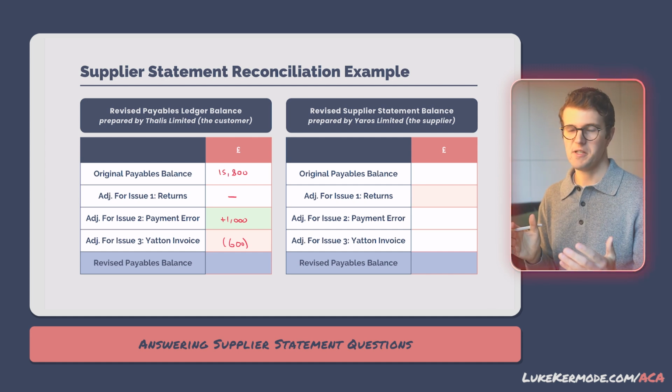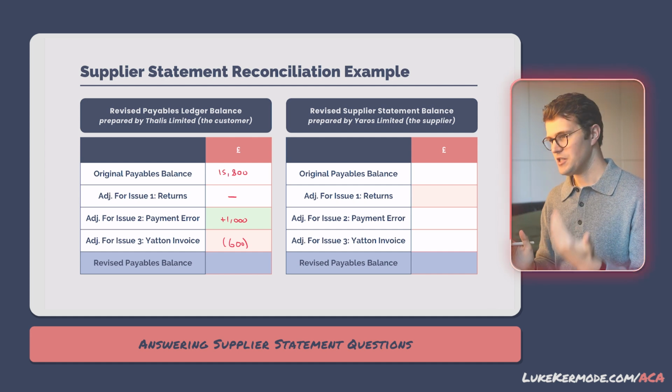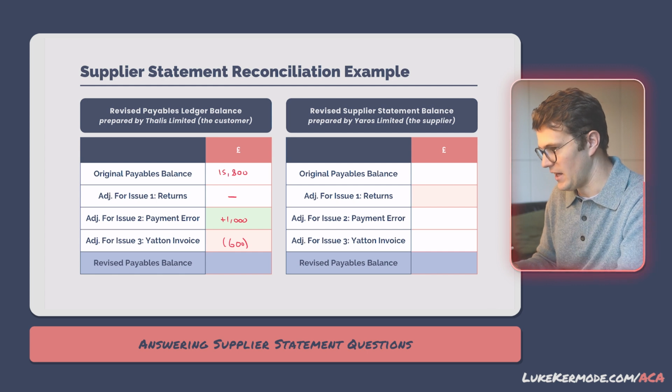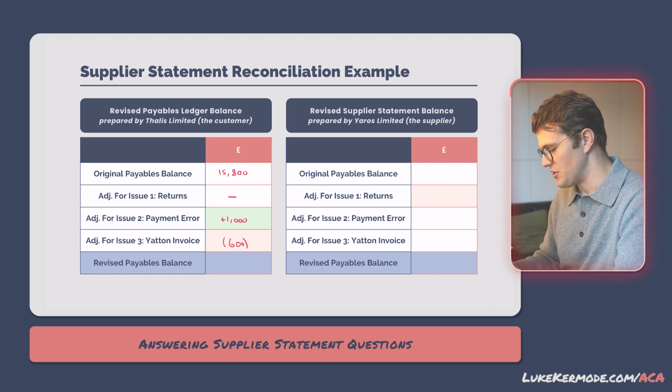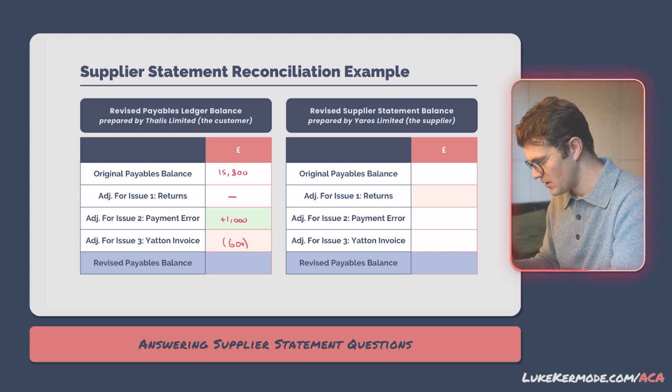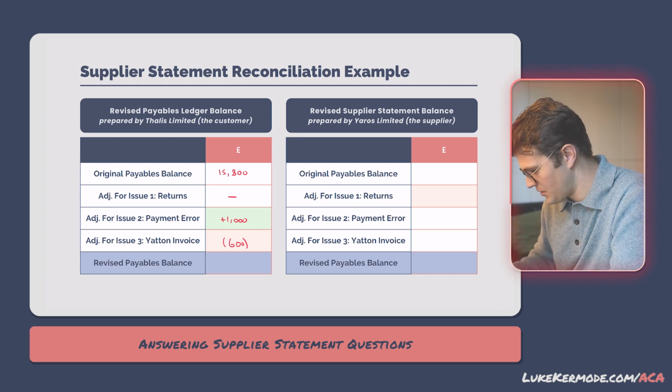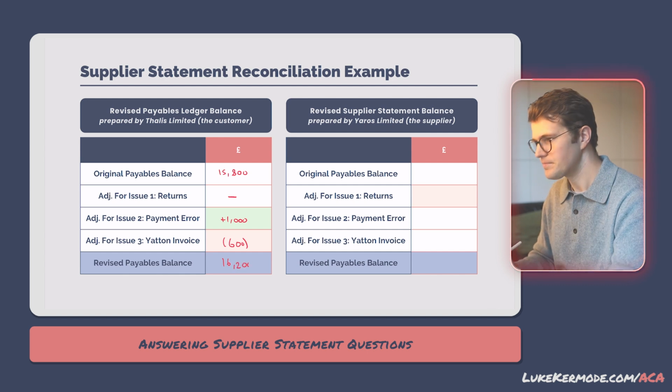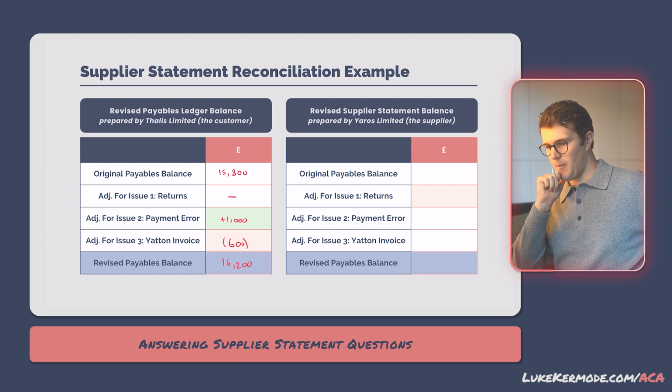The returns error was a mistake made by Yaros in its supplier statement, so we don't need to make any adjustments to the payables ledger for the first issue. So, totaling up this column, we have a corrected payables ledger balance of £16,200. So that's our revised payables ledger balance.